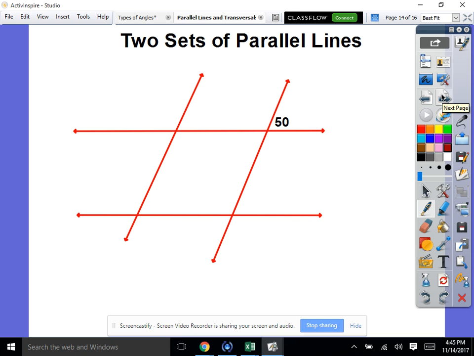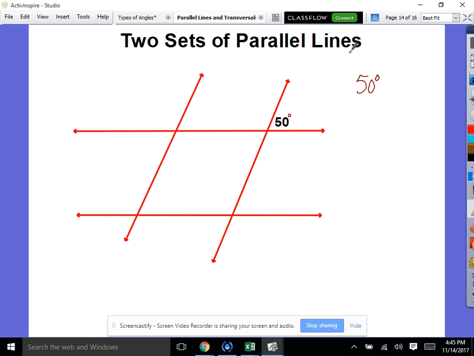All right, what happens if you have two sets of parallel lines? You still are only going to have two measures. So it will be the measure given and 180 minus the measure given.